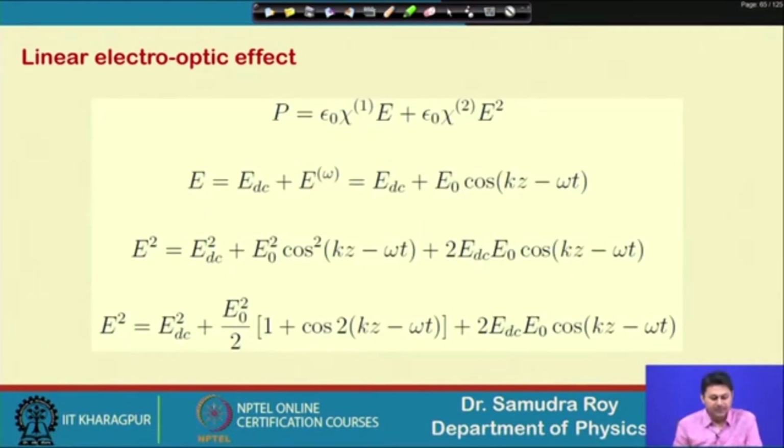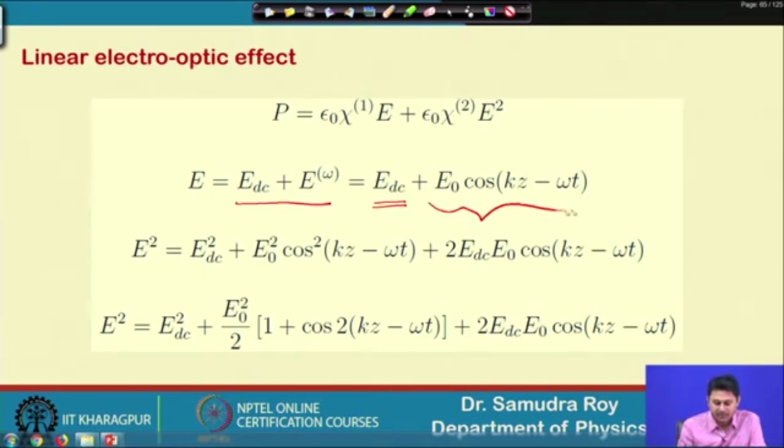Linear electro-optic effect means we are launching an electric field from outside. So the electric field is now not E omega plus DC as I mentioned in the earlier slide, but E DC plus E omega. E omega is an electric field having the frequency component omega, and it is nothing but E0 cos(kz minus omega t).